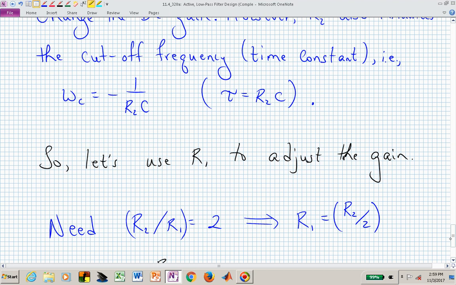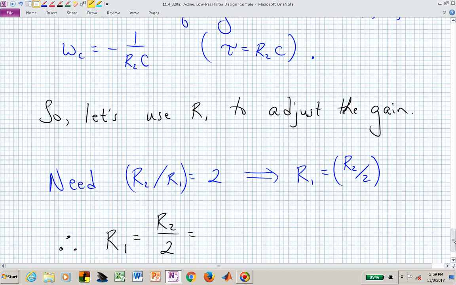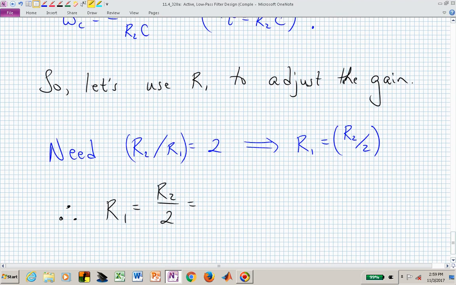The gain is R2 over R1, and we need that to be equal to 2. So we can solve that for R sub 1. R sub 1 is now half of R sub 2. And if R sub 2 was this 1,591.6, we take half of that, and we end up then with R1 being 795.8 ohms, and now we know what our parameters are.